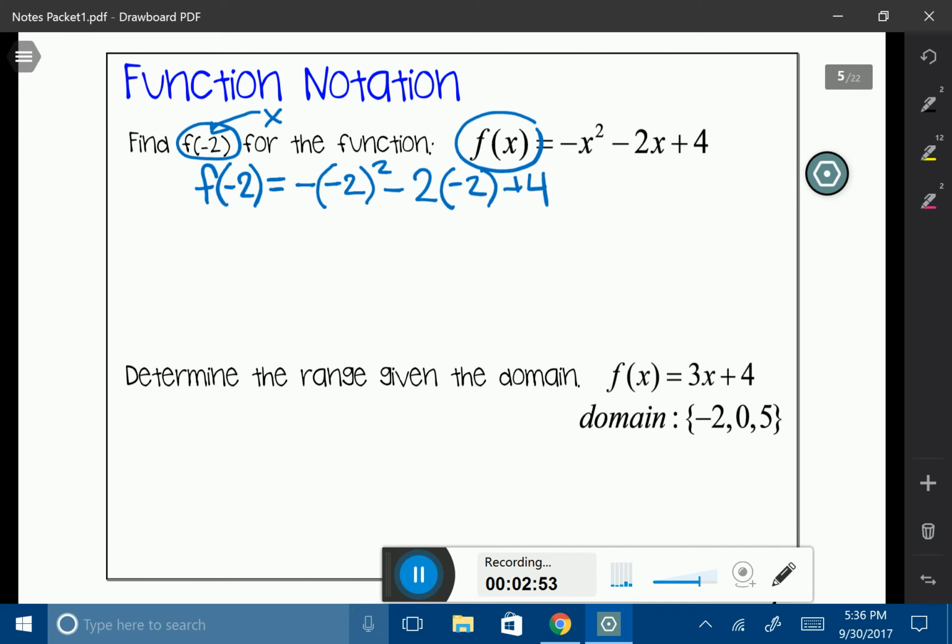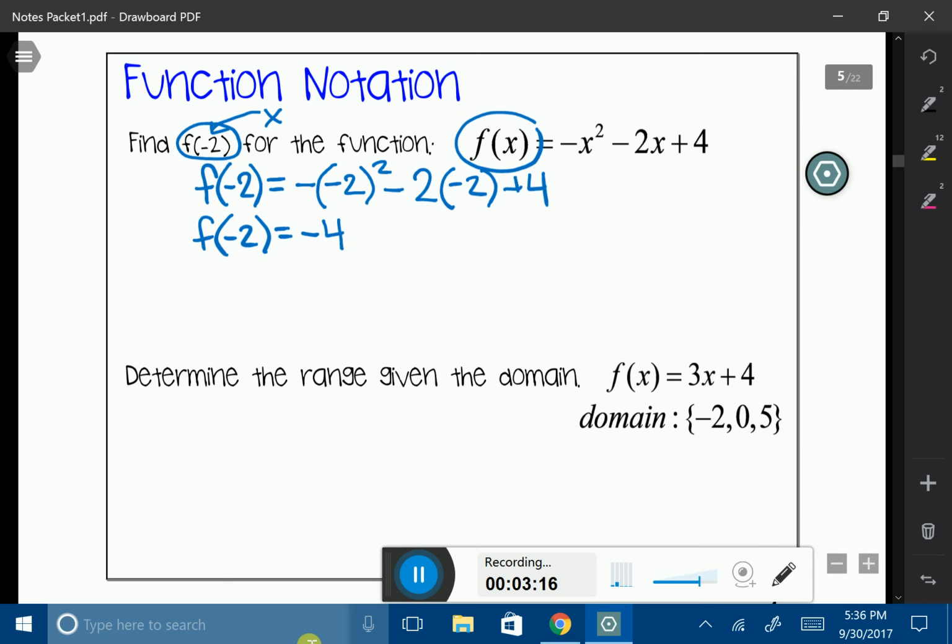Let's go ahead and simplify this now. F of negative 2 is going to be equal to, be very careful here, remember exponents come before multiplication. So I'm going to say negative 2 squared, which is going to be 4, times the negative out front. So this number here is going to be negative 4. And I'm going to continue on, but I'm going to go ahead and simplify as I go down.